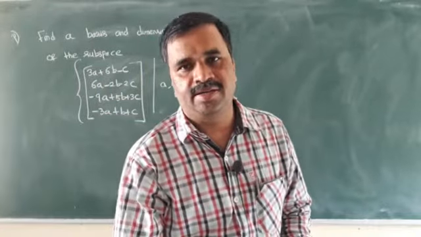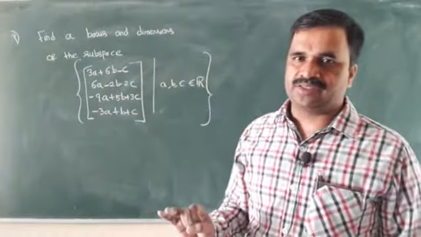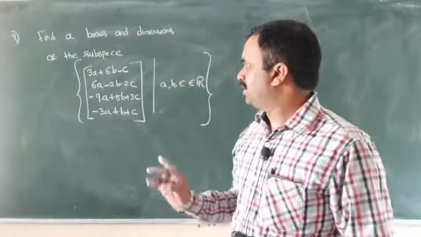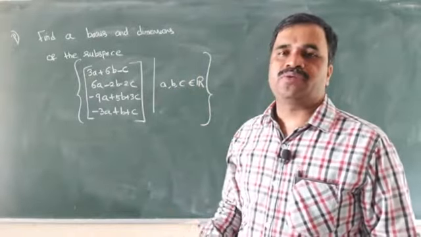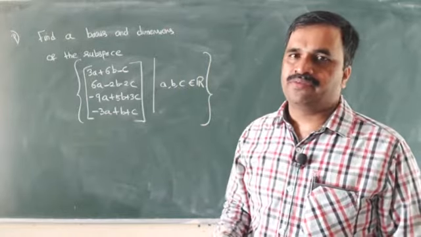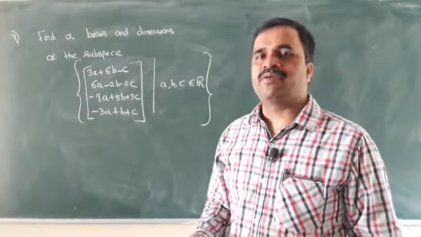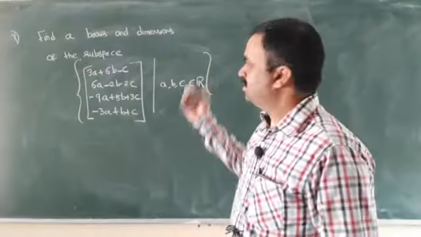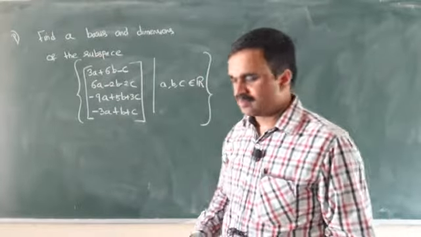Basis is nothing but linearly independent and span. If the two conditions, linearly independent and span, are satisfied, a basis will exist. Whenever it is a basis, directly I can say the dimension of the set.